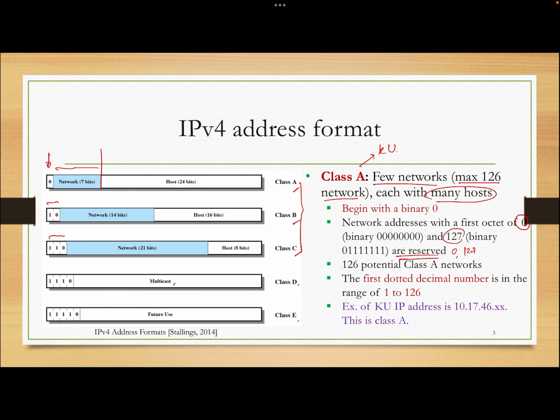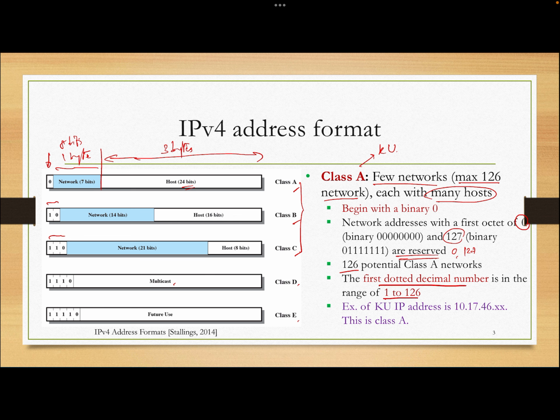Here this is 8 bits, and this is 24 bits, so this is 3 bytes. Class A has a host part of 3 bytes and a network part of 1 byte, or 8 bits. So there are 126 potential class A networks, and the first dotted decimal number would be 1 to 126.